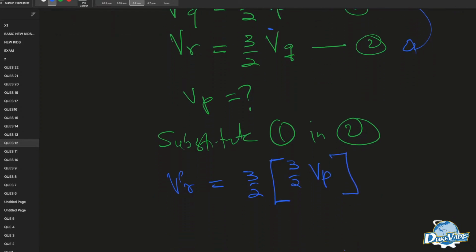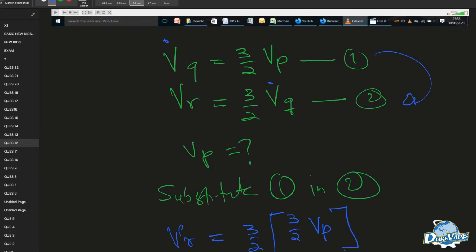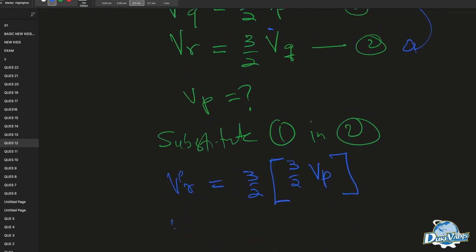Okay, and if we calculate it very well, we are going to get 9/4 VP. So VR is now equal to 9 over 4 VP.